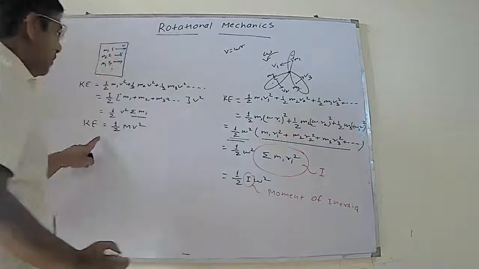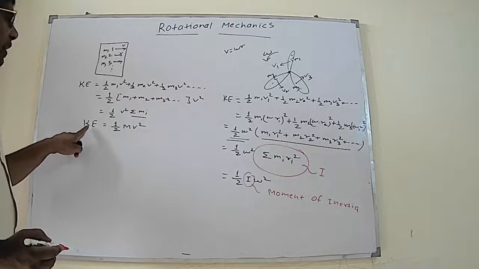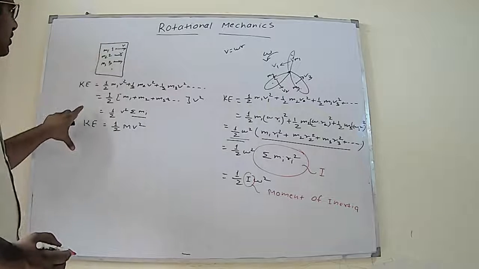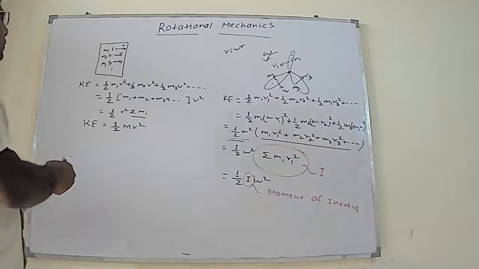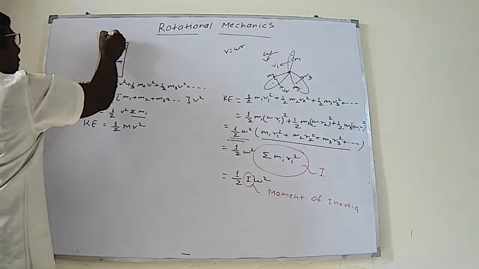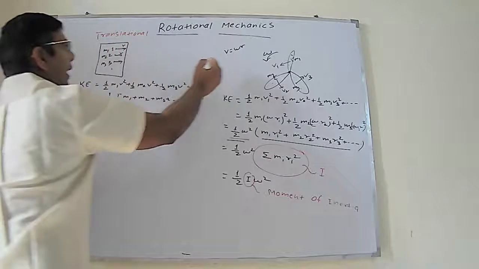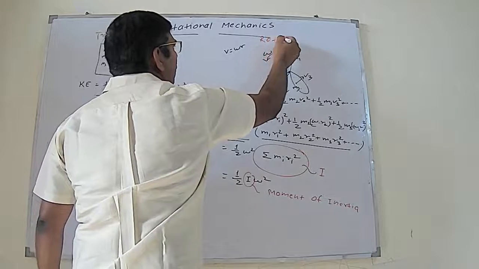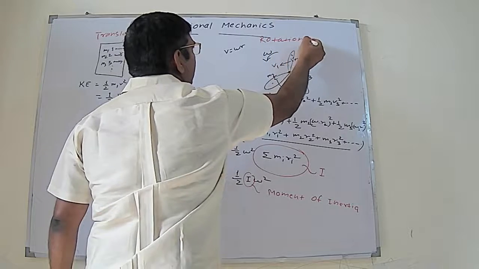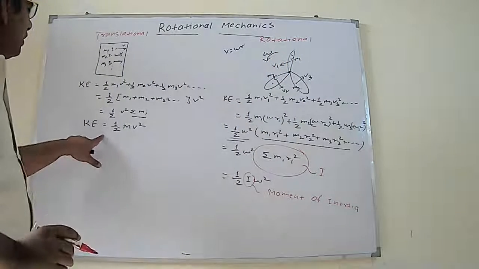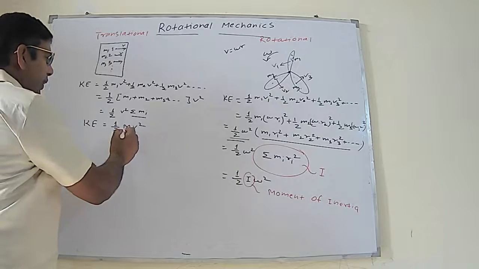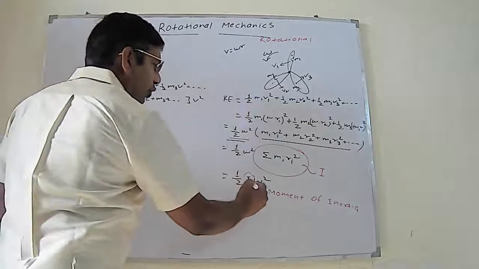Now we can compare. This is the kinetic energy for translational motion, and this is for rotational motion. Here it is half m v square and here it is half I omega square.